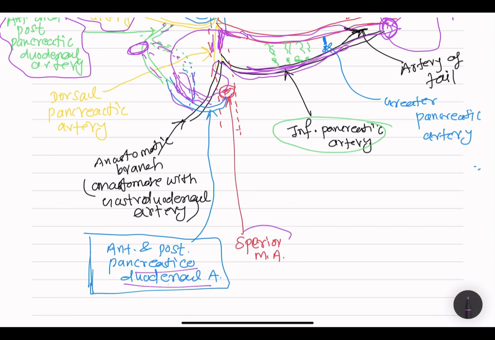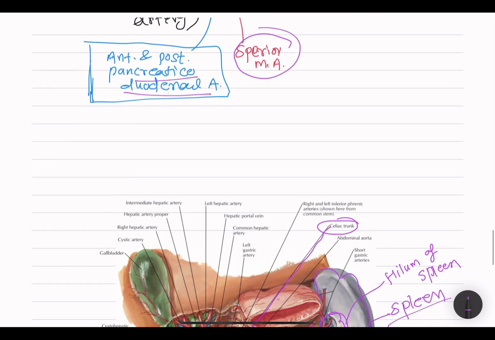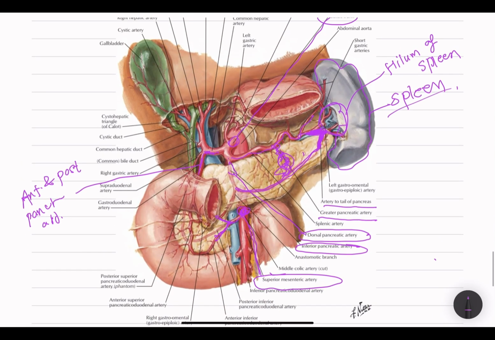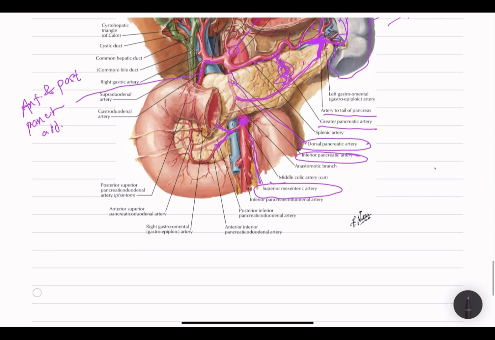It anastomoses with the anterior and posterior branches of the superior mesenteric artery, the pancreaticoduodenal arteries, which also supply the duodenum, but we are talking here about the pancreas. So this image gives a clear picture of the arterial supply of the pancreas.